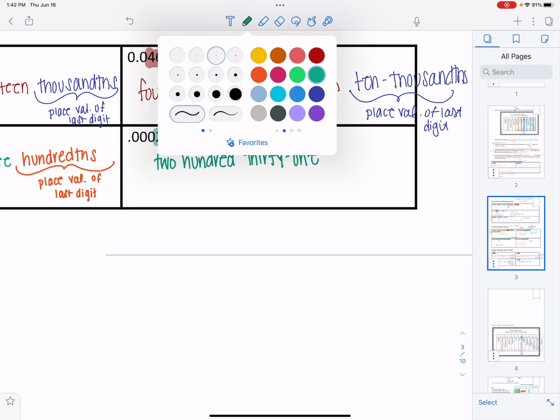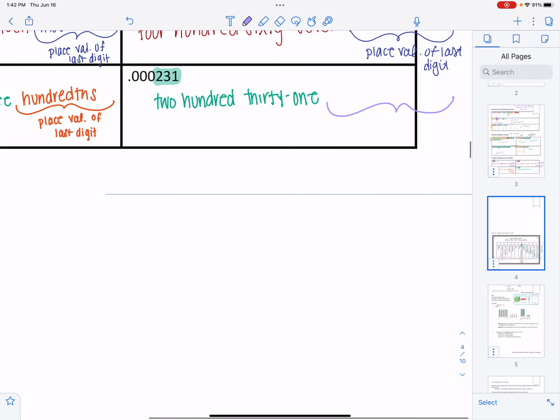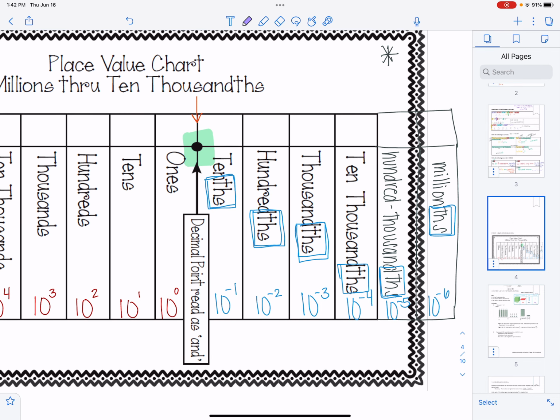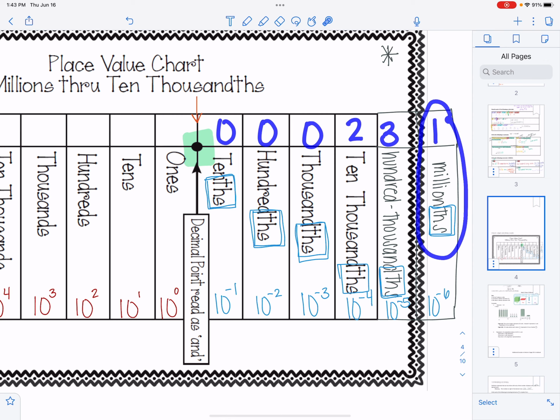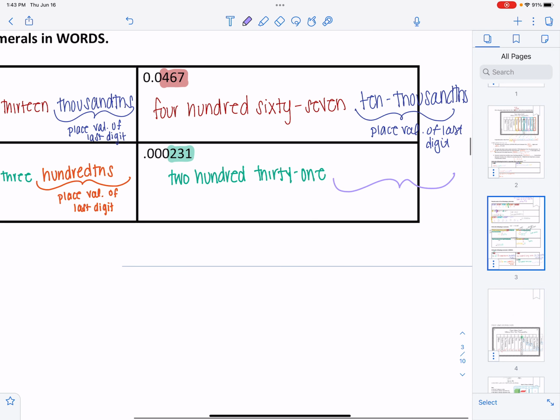Now, that very last thing is going to be the last digit's place value. And so I'm going to go to my place value chart, and my number is 0, 0, 0, 2, 3, 1. And so that last digit is in the millionths place. And so that's going to be what I tack on the end.